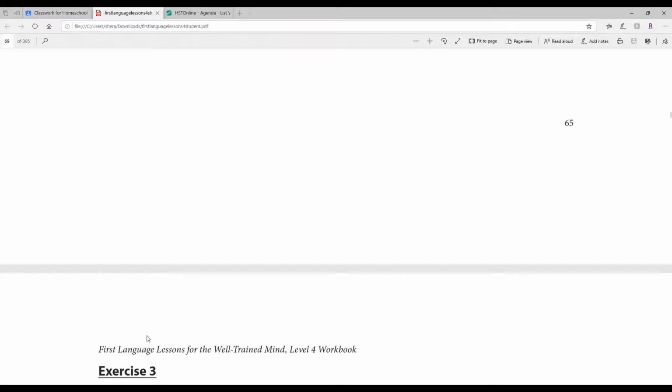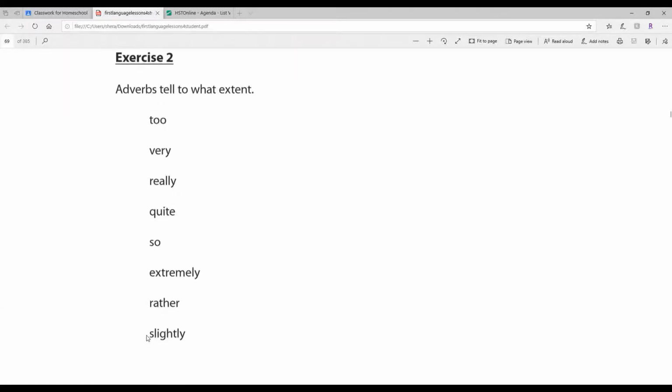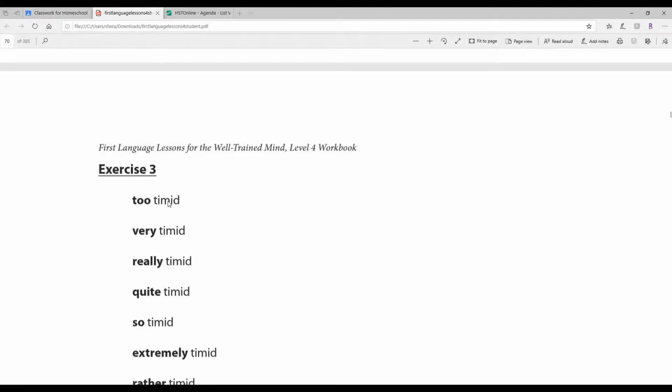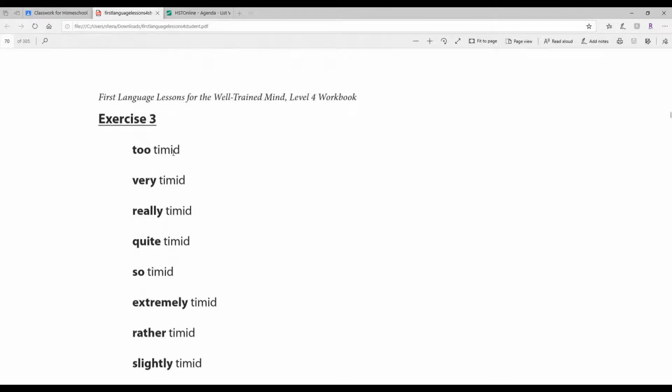Now, these adverbs here can describe adjectives, okay? Like take the adjective timid. That means shy. We're going to read this and then you'll see why these words I just told you are adverbs.